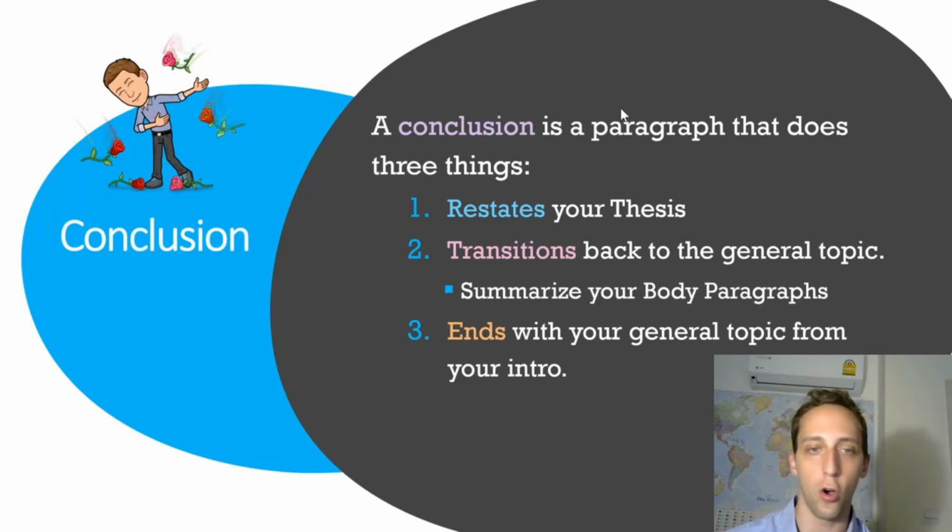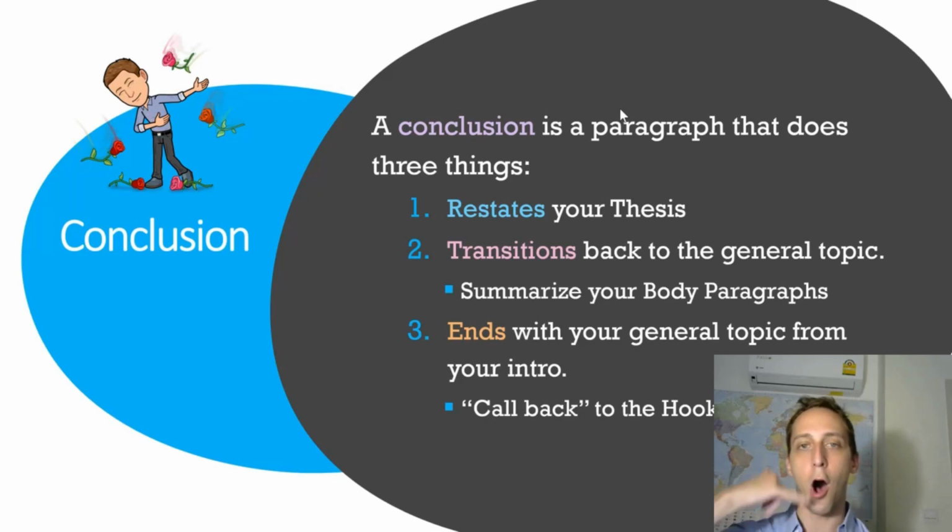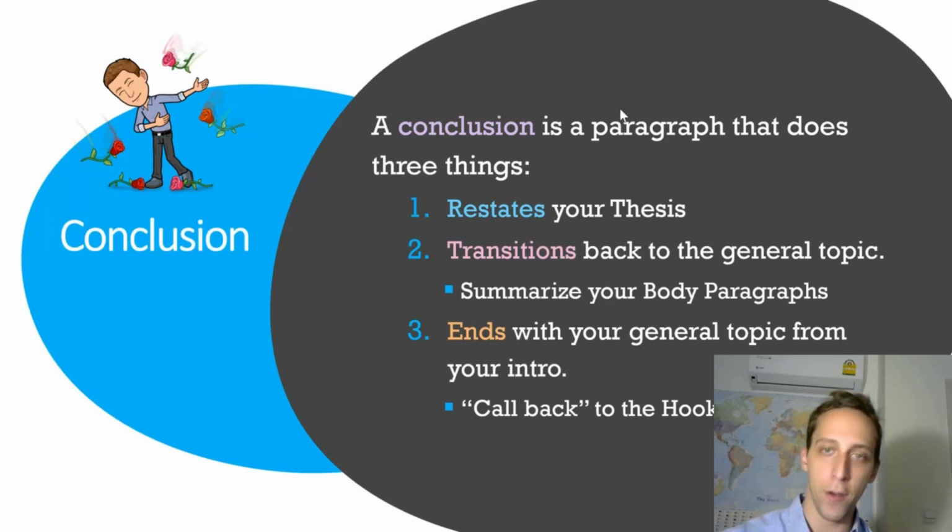So whatever your hook was that you used to get their attention, a really amazing ending sentence calls back to that same idea, and we'll look at that. So we call that a callback, right?